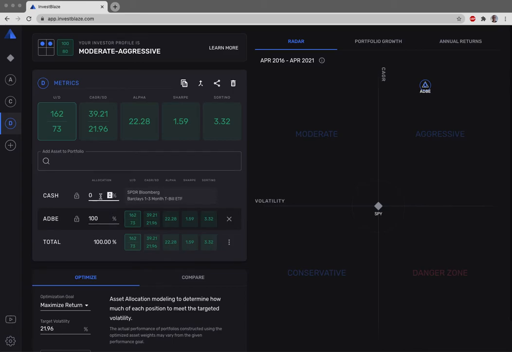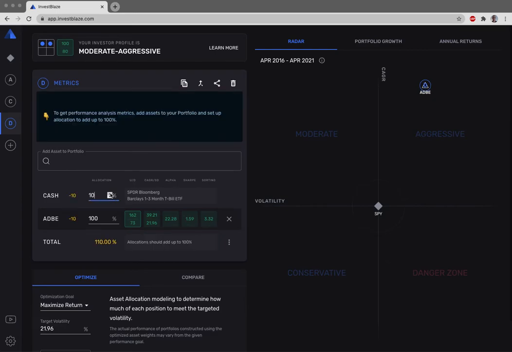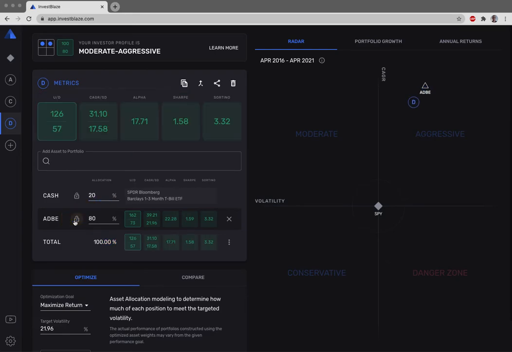If you look here with cash, you can click on the arrow and start to address cash in this way. And you'll notice if you add 20 here, you have to take 20 from somewhere. So the system allows you to do that very quickly.